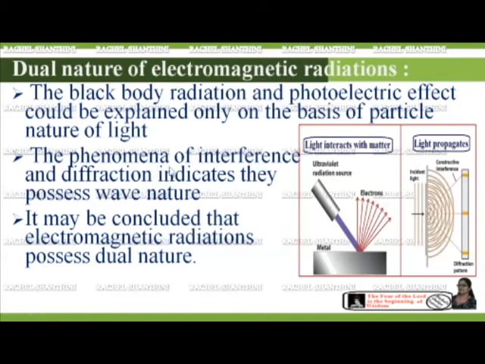But the phenomena of interference and diffraction indicate they possess wave nature. When light propagates, it exhibits interference and diffraction patterns. So finally, scientists concluded that electromagnetic radiations possess dual nature, that is, particle nature as well as wave nature.